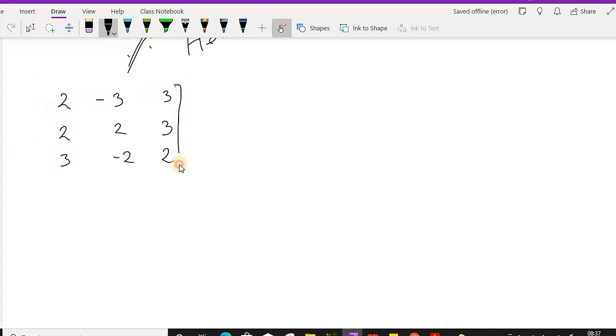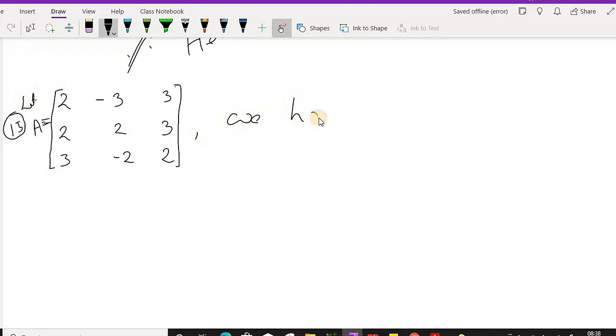Okay, this is our matrix. We'll call it A equal to this. Question number 15. Let A equal to this.